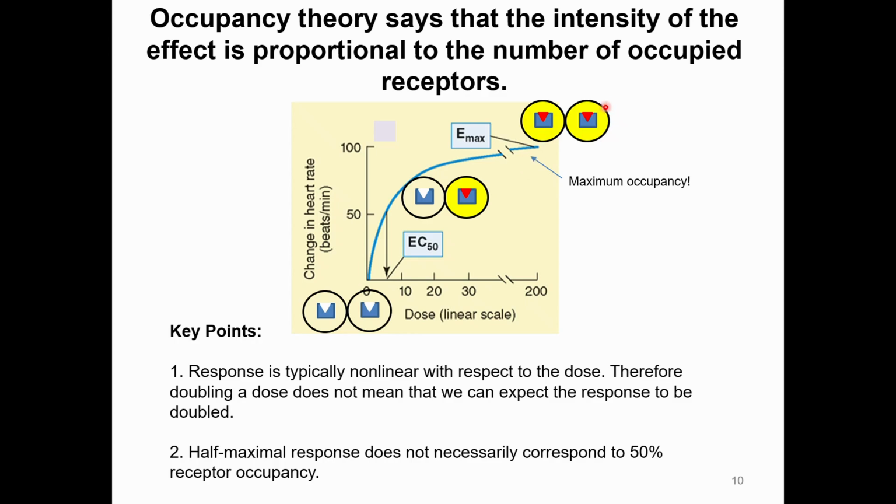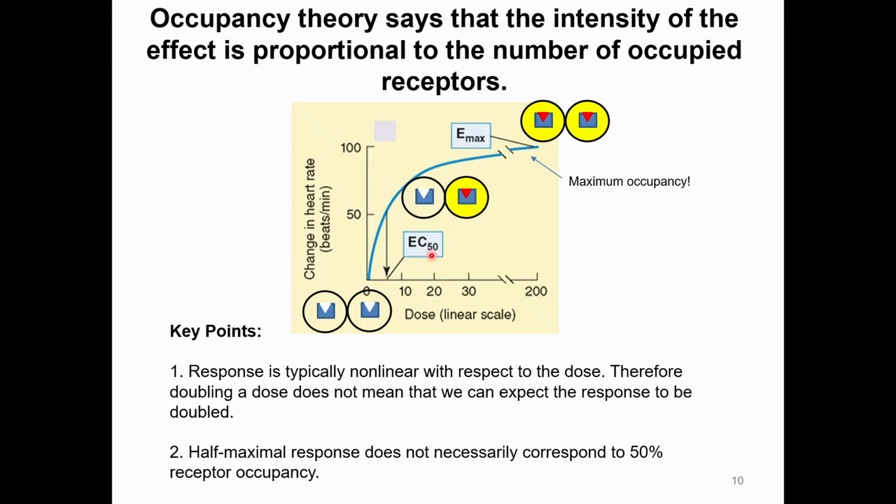That's maximal occupancy up here, and all the receptors are occupied. But at some point, you get half maximal efficacy. And if you draw a line down from that and find the dosage that gives you a half maximal response, we define that as EC50, the effective concentration at which you get 50% response, okay?